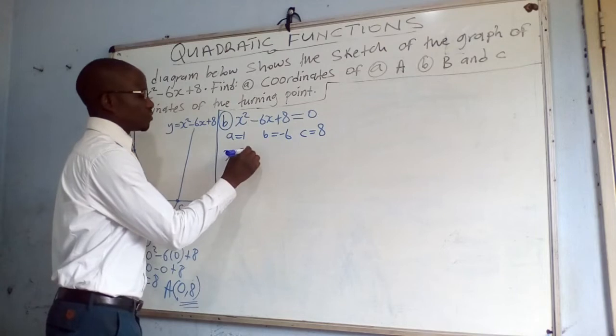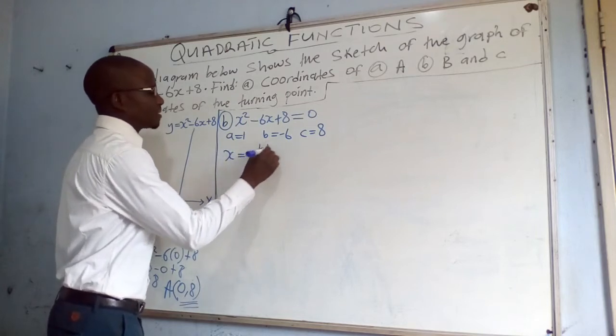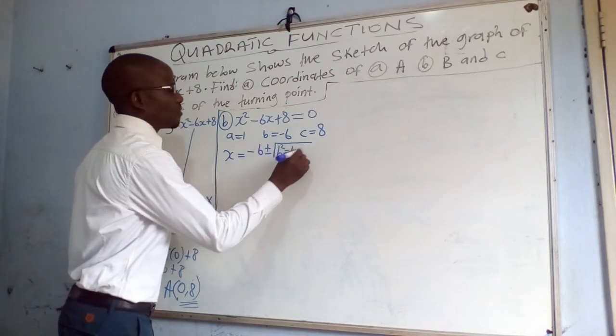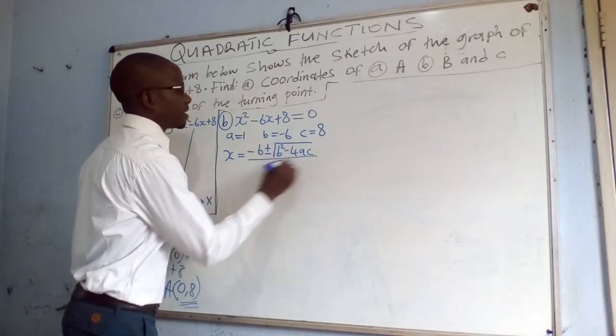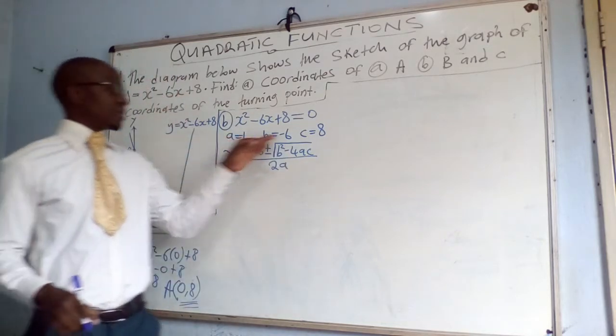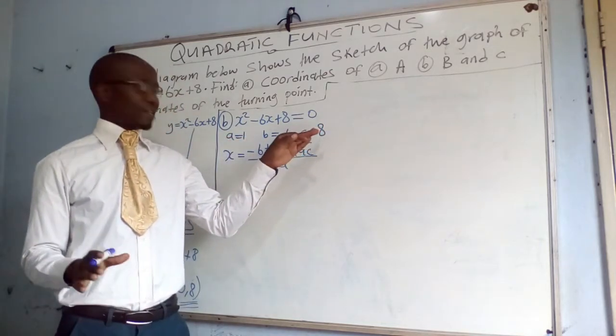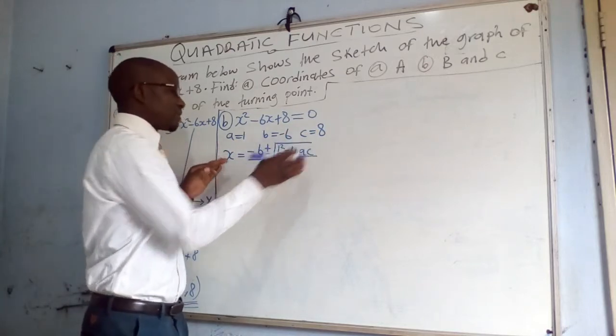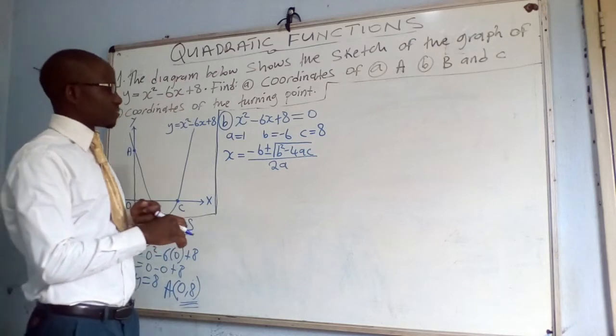X is equal to negative b plus or minus root b squared minus 4ac over 2a. Identification of this is very important. Equally, substitution into the quadratic formula is of great importance also.